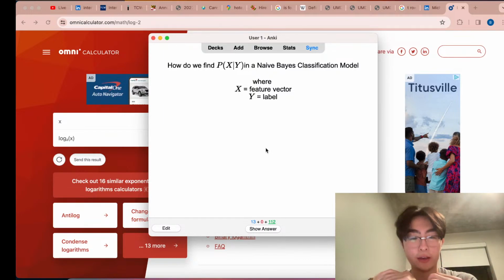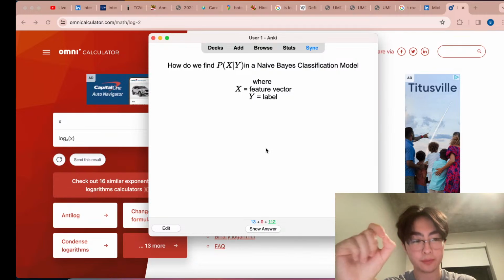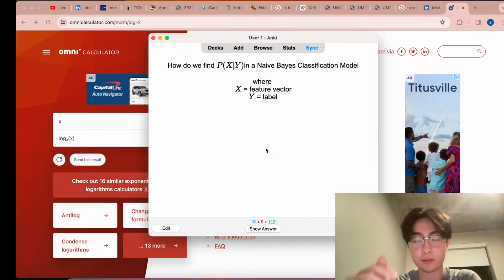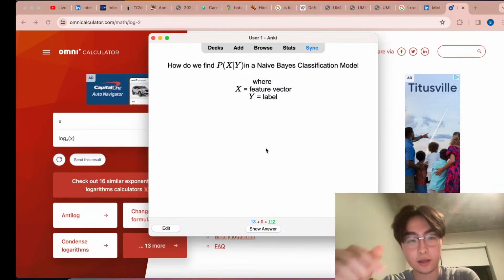The naive Bayes classification model finds the max of the probability of y given x, where y is all of the possible labels within our data set, and x is a feature vector that we want to input into our model. And so what this means is that we're finding the highest probability of a feature vector being a specific label. Okay, that kind of gets the point.